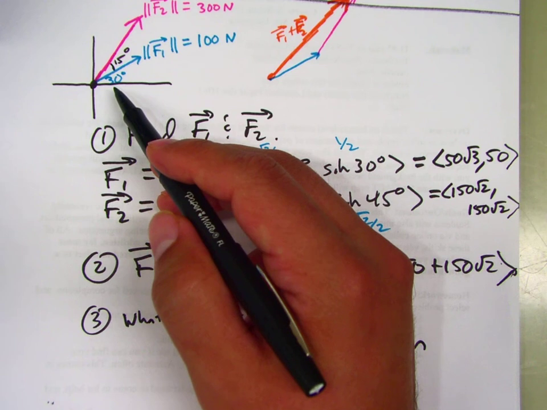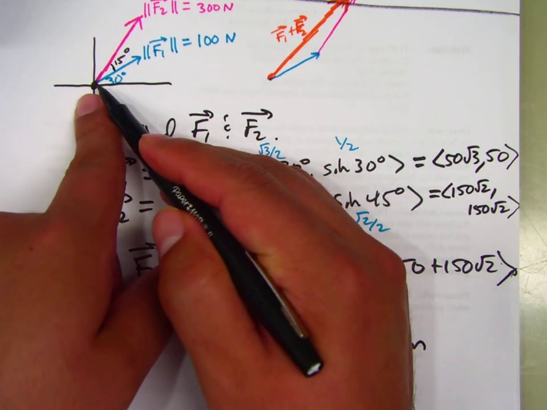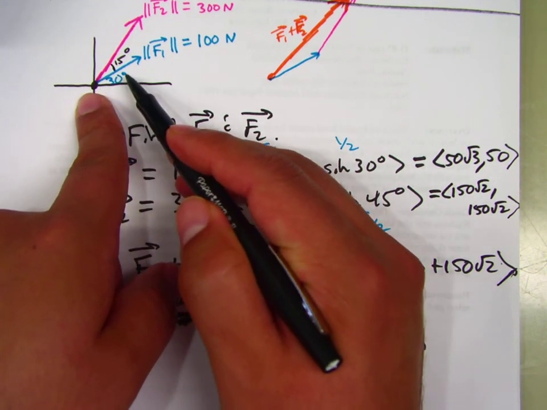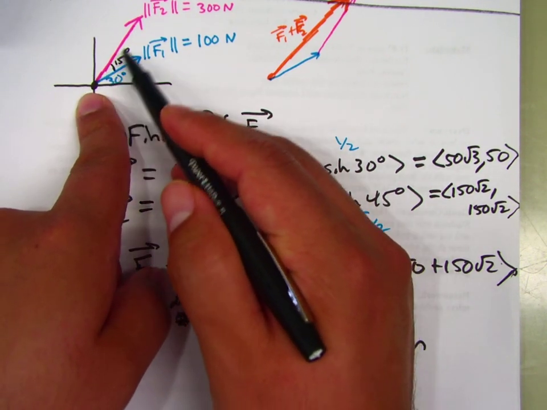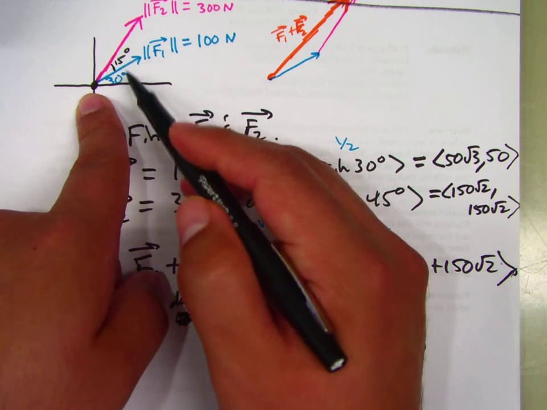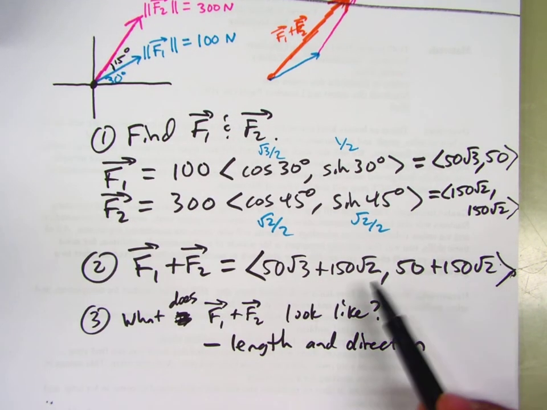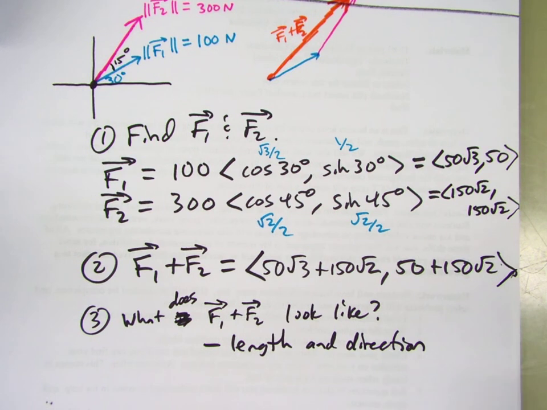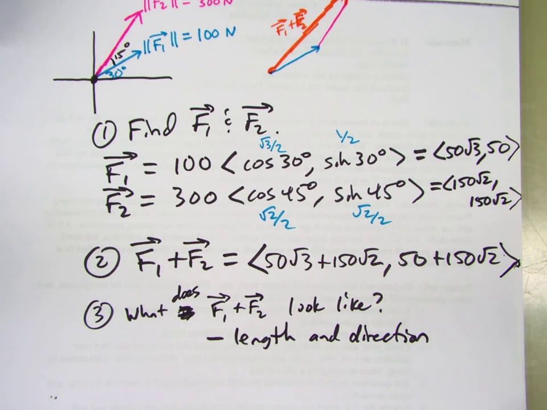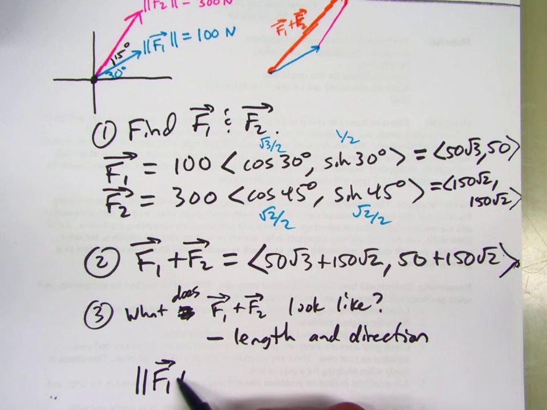Just like this initial force, where we knew we had a 100 Newton force that made a 30-degree angle with the x-axis, and here we had a 300 Newton force that made a 45-degree angle with the x-axis, we want to figure out how long the resultant force is and what its angle is with respect to the x-axis.